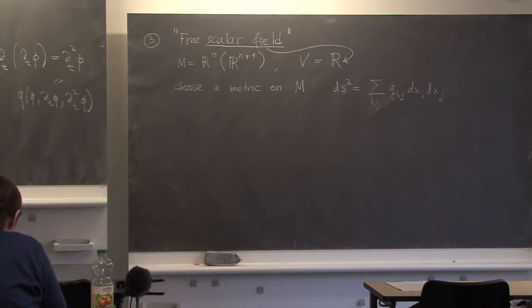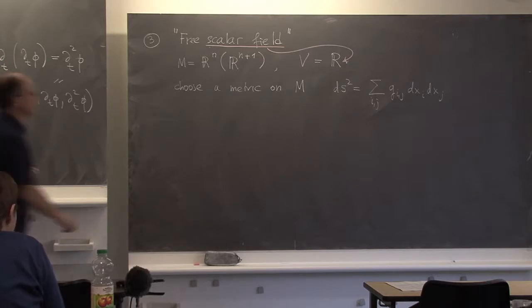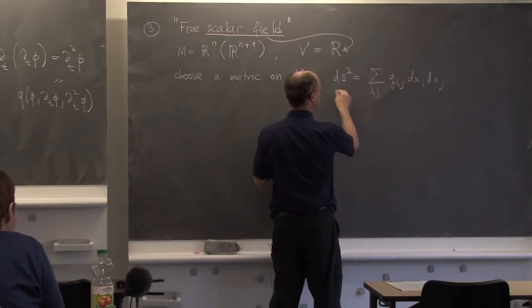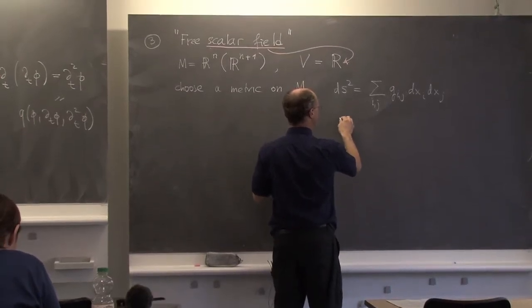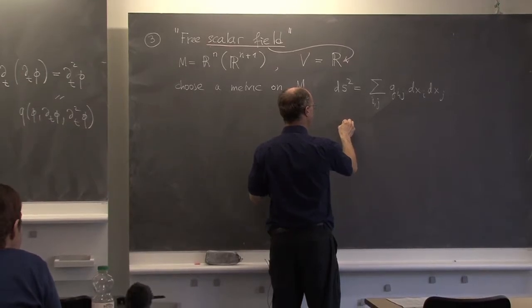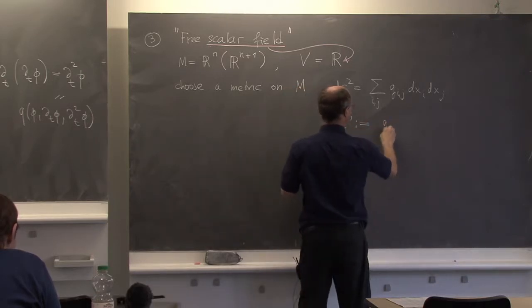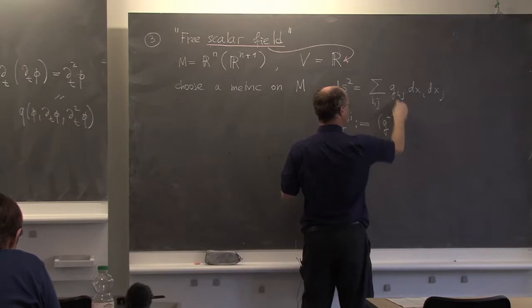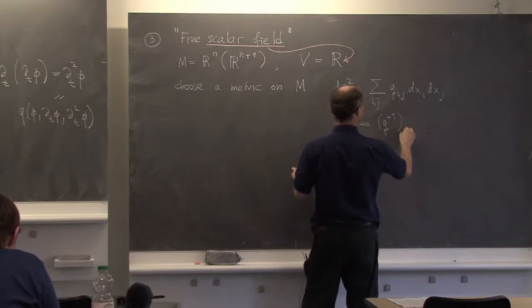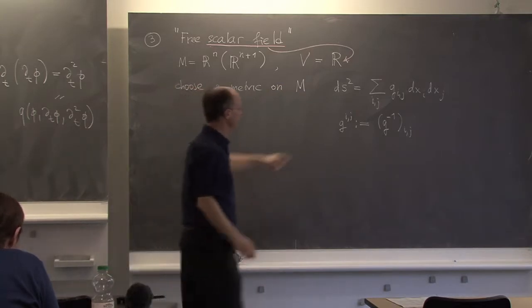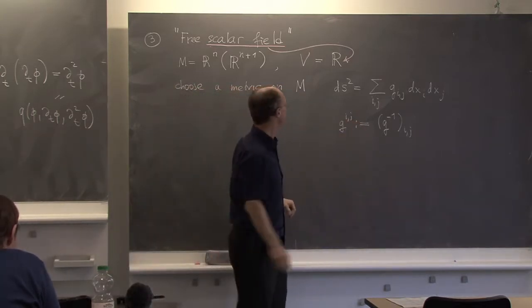So let me use the following funny notation. Let me denote G^ij by definition the inverse, the inverse matrix, when I write the indices up there.